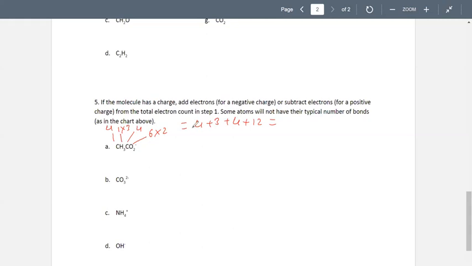So 20 and 23. It's 23 electrons, right? But we have 1 negative charge, so we will add 1 electron. So we have total of 24 electrons.